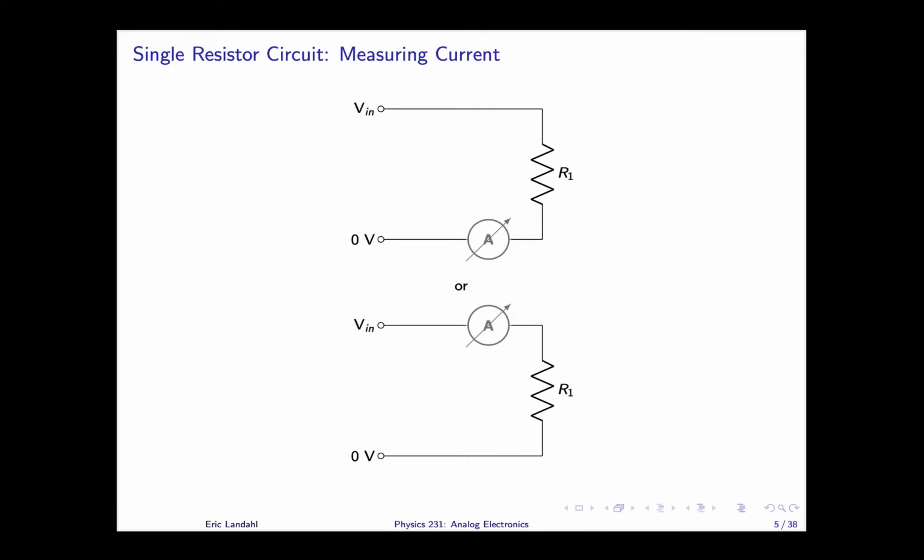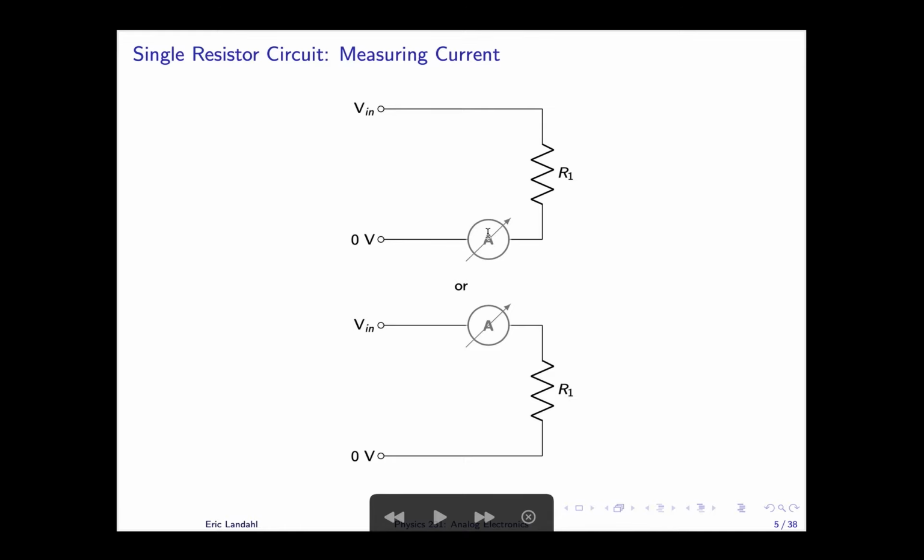Current, on the other hand, if it's to be measured directly on a multimeter, this is accomplished by switching your multimeter to current mode or amp mode, and breaking the circuit and inserting the meter into the circuit itself.